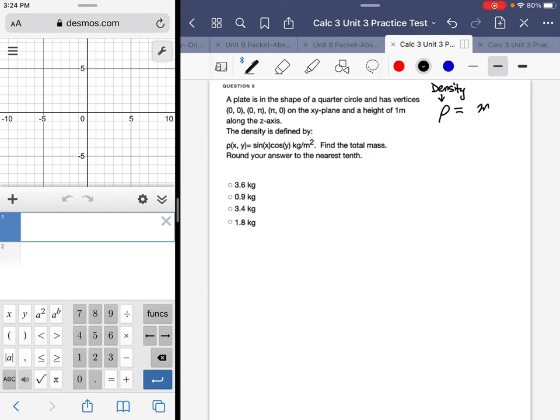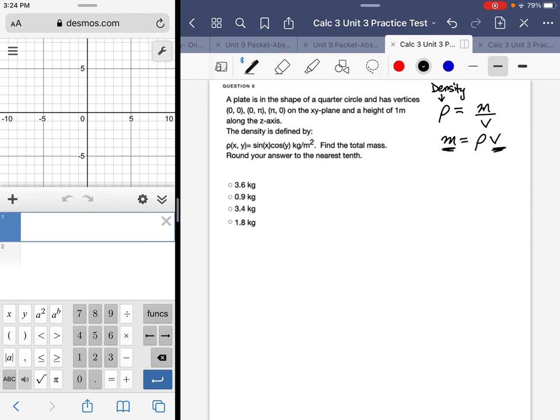So anyway, that's equal to mass over volume. All right, so if we're looking for mass, that's equal to density times volume. All right, so if we wanted to figure out mass, we already know how to find volume in a bunch of different ways. Compute the volume, incorporating the density function, and we'll have the total mass.